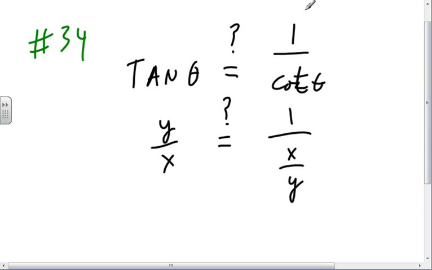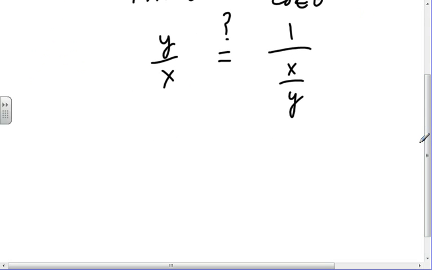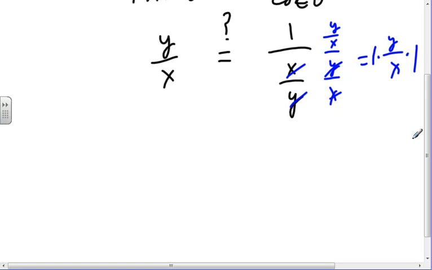I should have just said check, but they want me to do this, so I'm going to multiply top and bottom by y over x. The y's go away, the x's go away, and I get y over x, and I have 1 times here and times 1 there. And, oh yeah, y over x is x over y. It checks.